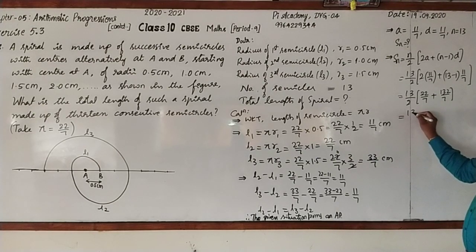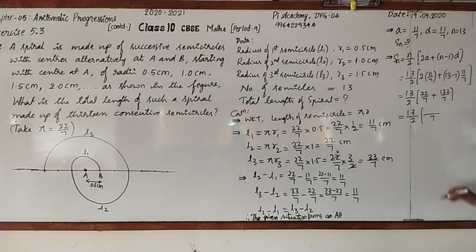It is equal to 13 by 2 into, 7 is the LCM, so 22 plus 132, it is 154, right? 2 plus 2 is 4, 2 plus 3 is 5, 1 as it is. Next, you can cancel it by 2. 2 ones are 2, 7 twos are 14, 1 will remain, 7 elevens are 77.